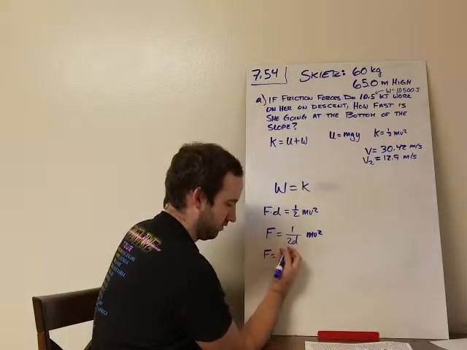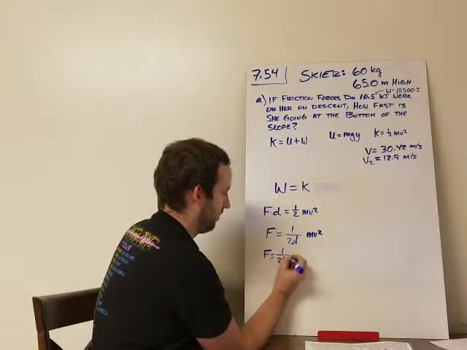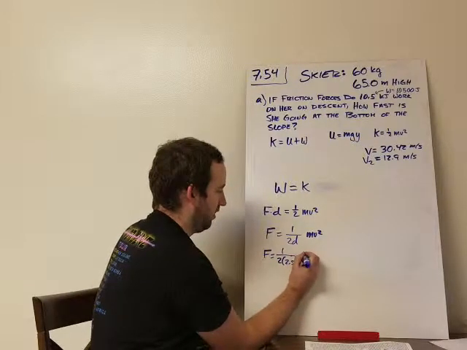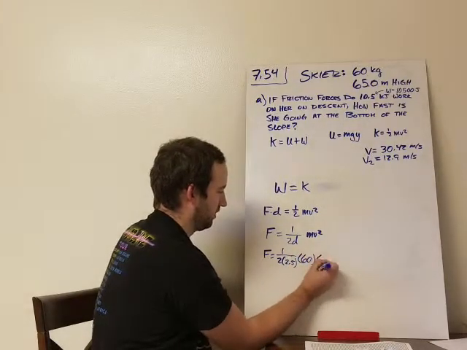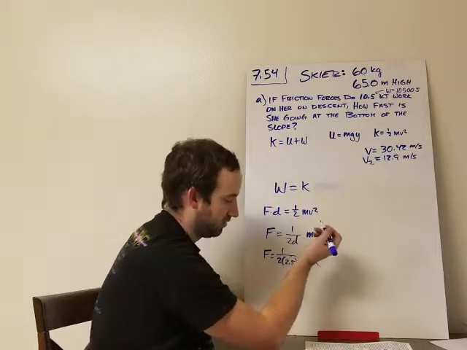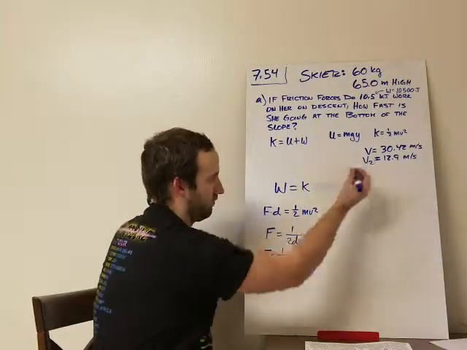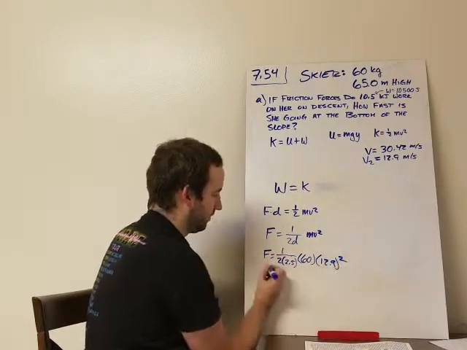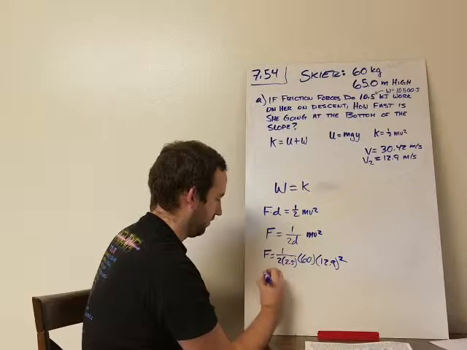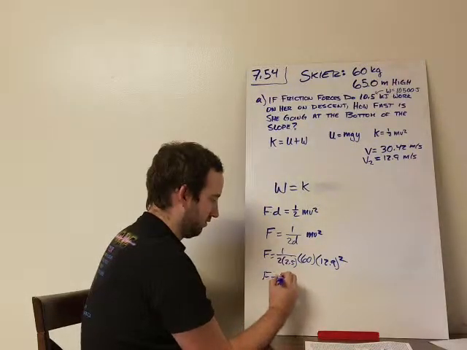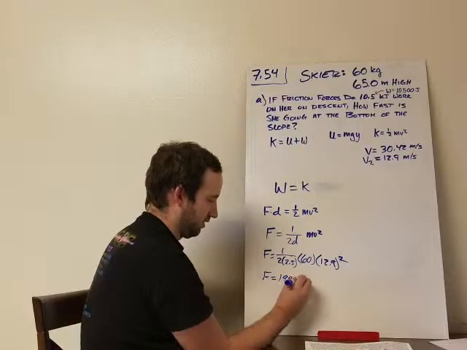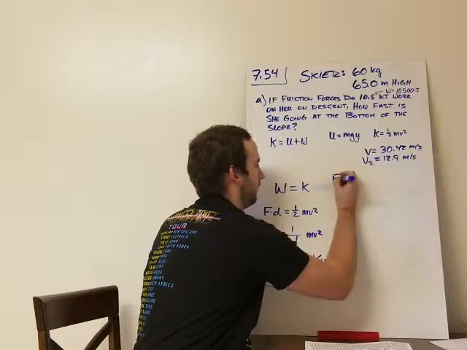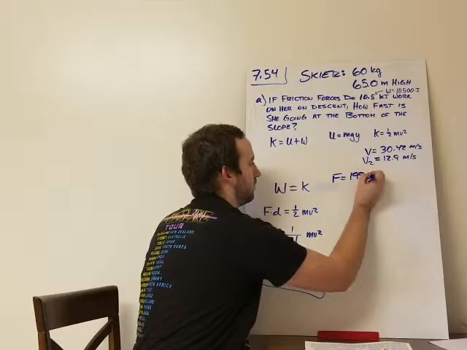Force equals 1 over 2.5, the displacement to stop, times 1/2 times the mass, 60, times the velocity, which we know was 12.9 from part B, squared. Throw that in the calculator, and we get the force is equal to 1,996.9 newtons.